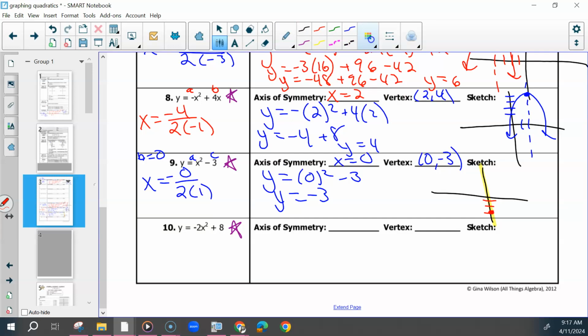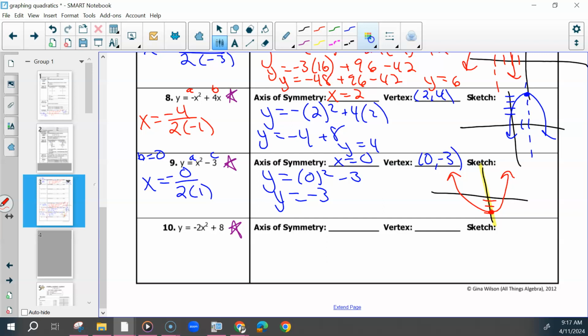Down. Is your a value negative? Or would it face up? Knowing which direction it's supposed to face as you start to graph it, maybe you typed in something incorrectly. If your graph doesn't match the equation, you know something's off.